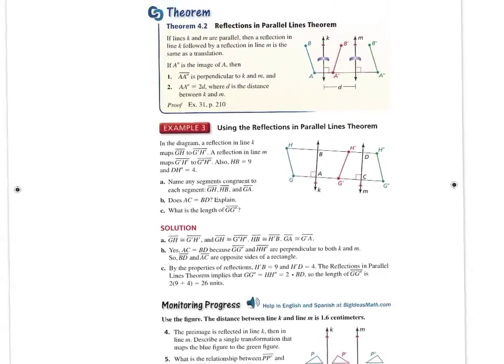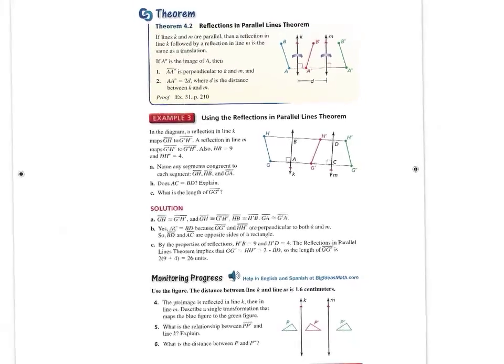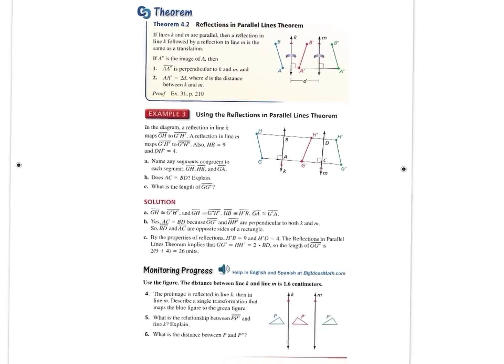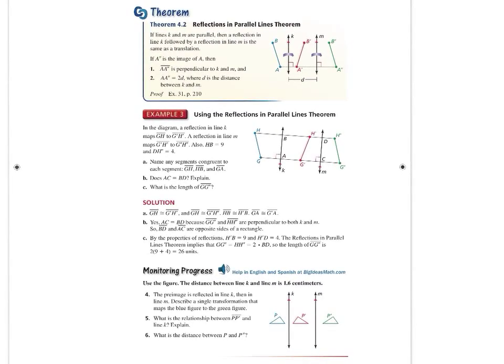Okay, and on the next page with example 3, we see theorem 4.2, which has to do with reflections in parallel lines. So make sure you read through this theorem to understand how, when we reflect a segment or any figure for that matter across two parallel lines, it's the same as a translation of the pre-image to the A double prime, B double prime in this case.